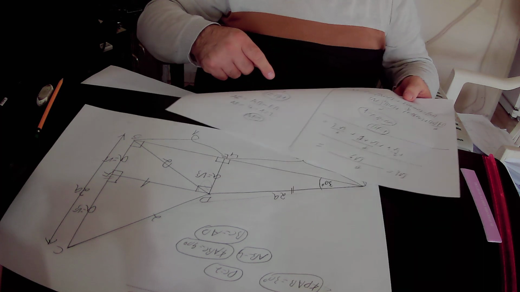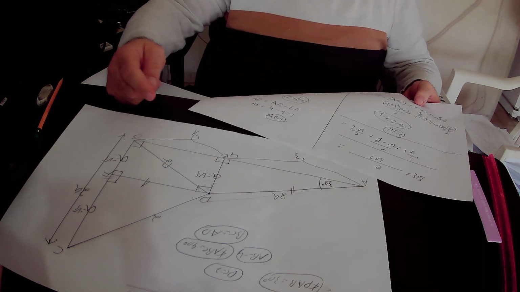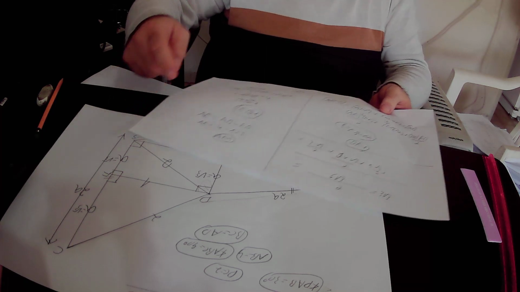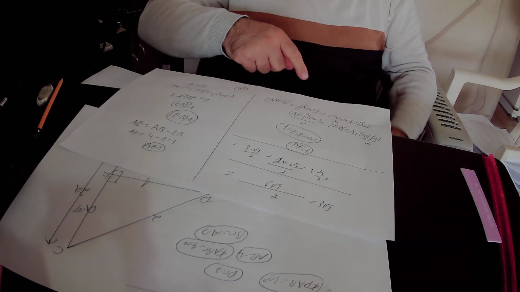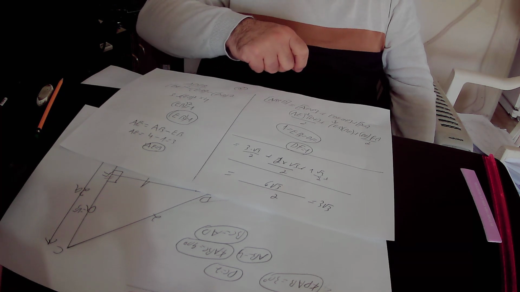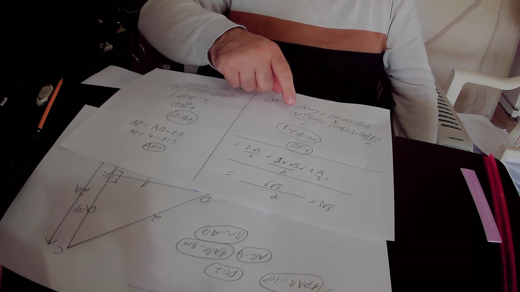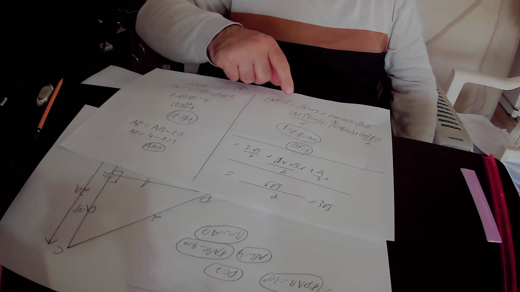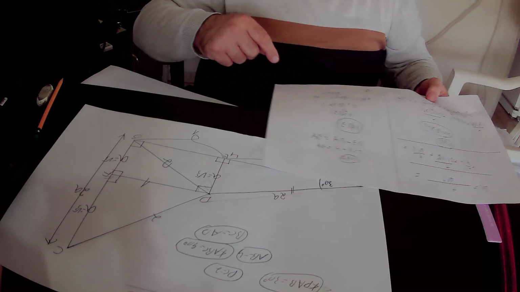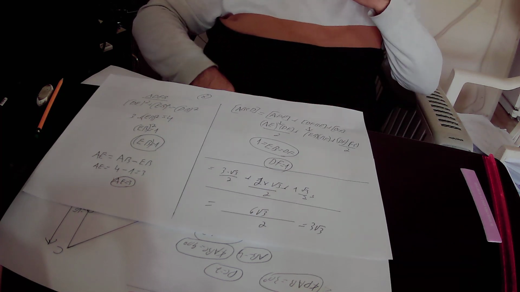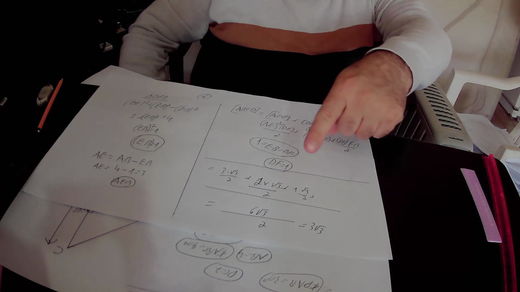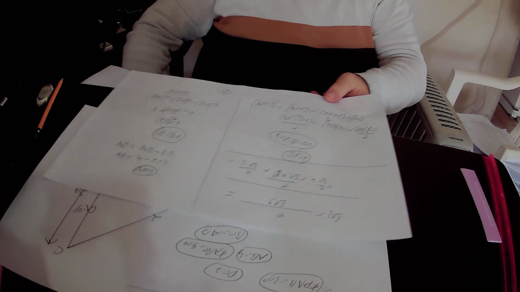plus the area of rectangle EDFB, it is actually EB times ED. EB equals to 1, and ED equals to square root of 3 units, so it is 1 times square root of 3 units, that is actually square root of 3 units, plus the area of triangle DCF.